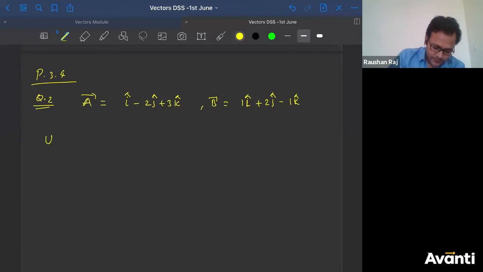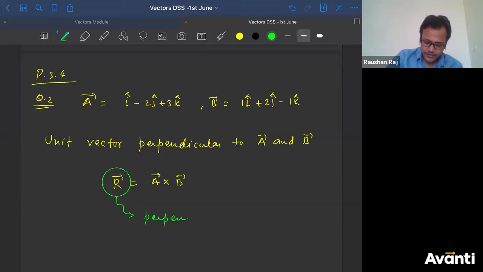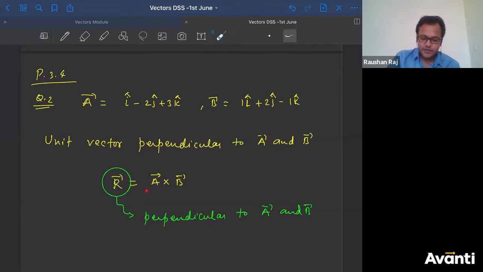We have to find the unit vector perpendicular to A and B. If I write vector R is equal to A cross B, can I say that this is also perpendicular to A and B?